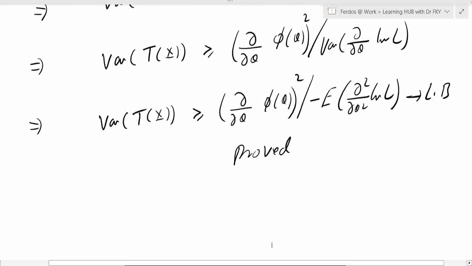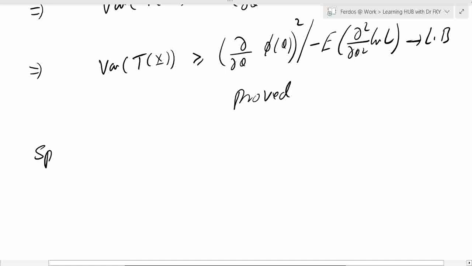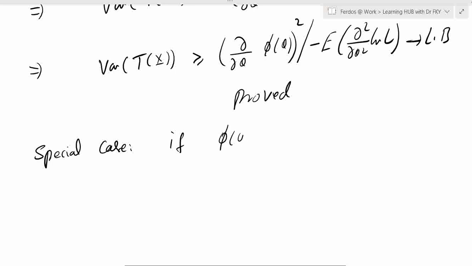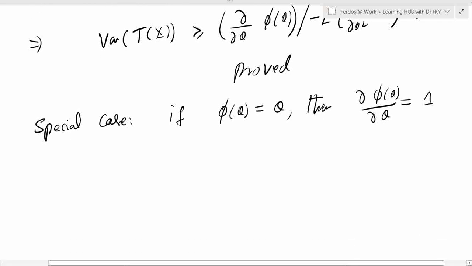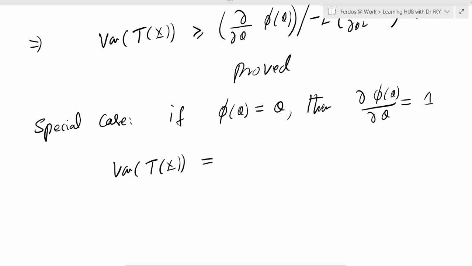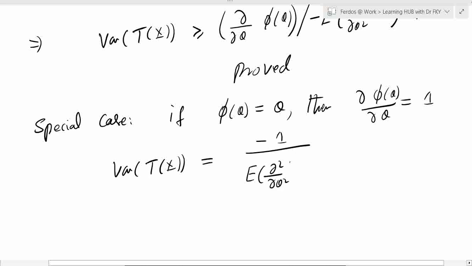Now a special case: if this function is equal to theta simply, then this is equal to theta, so the derivative of this is 1, and in that case the variance of this function is greater than or equal to minus 1 divided by the expected value of the second partial derivative of this natural log likelihood.